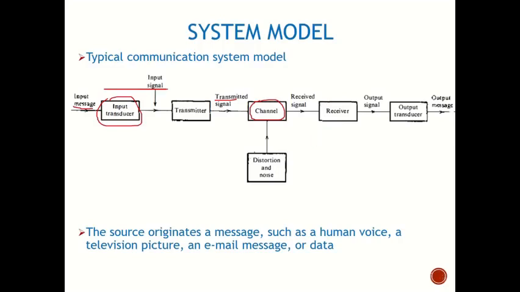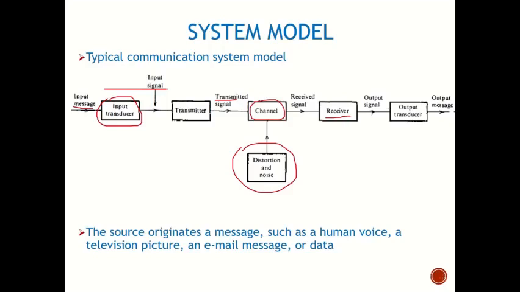And then at the stage of the channel, distortion and noise is added to the signal, which we will discuss in the coming slides. The signal is then received at the receiver, where the receiver extracts the electrical signal from the received modulated signal.